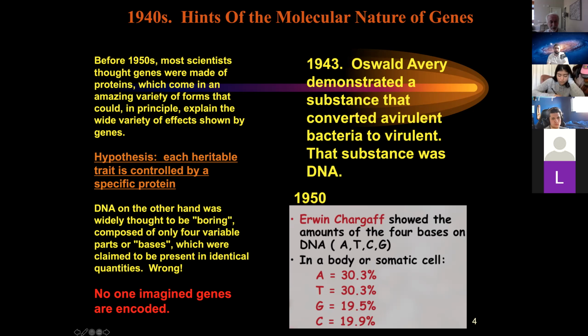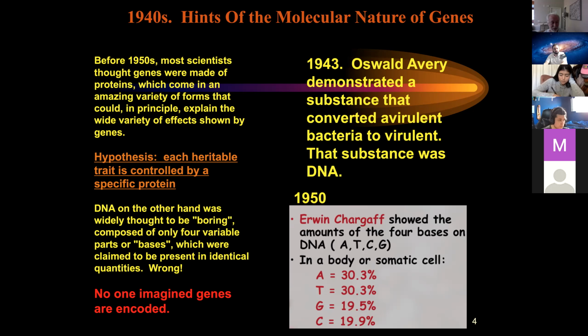What are they? They are amino acids, proteins, lipids, and carbohydrates. Nucleic acids, yeah. Okay, so those are our four major categories.